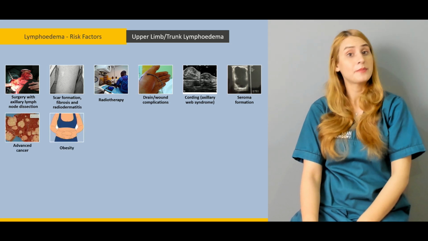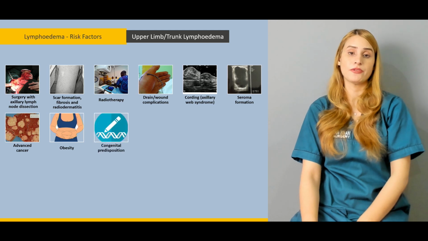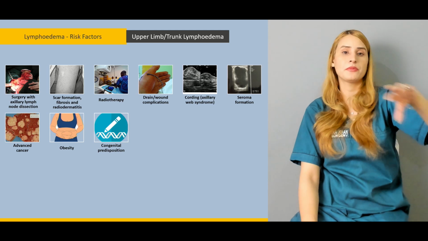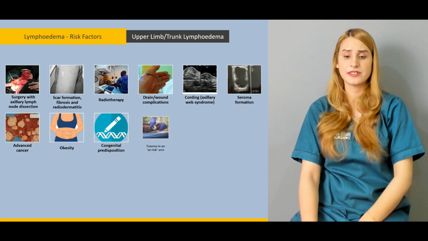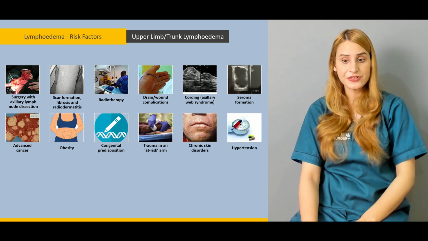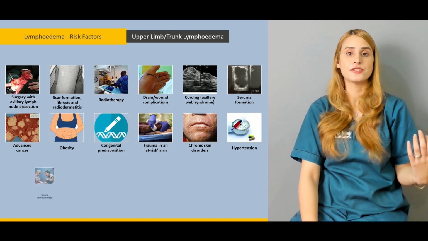Advanced cancers, malignancy, and obviously obesity are very much related; they are risk factors for lymphedema. Congenital predisposition, like running in families, such as Turner syndrome and some other syndromes, trauma, chronic skin conditions, and hypertension are all important risk factors you should keep in mind.